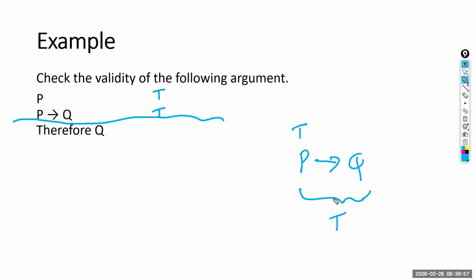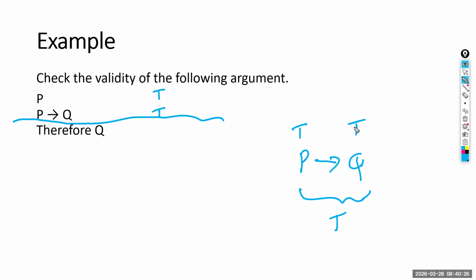If the full statement is true and P is true, then for this statement to be true, Q must be true. Because if when P is true, Q is false, this is false. But this guy says P implies Q is true. So therefore, when P is true and P implies Q is true, Q must be true.